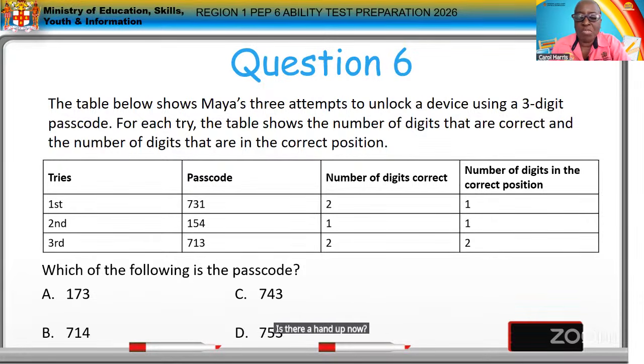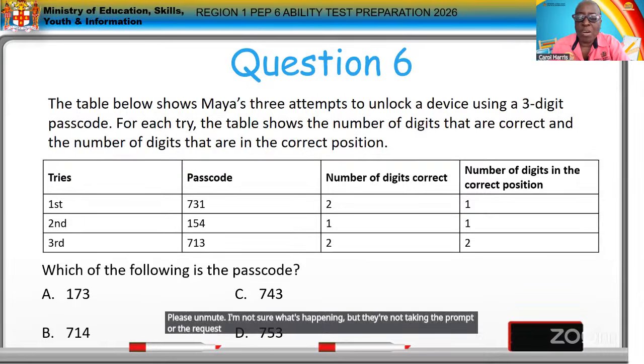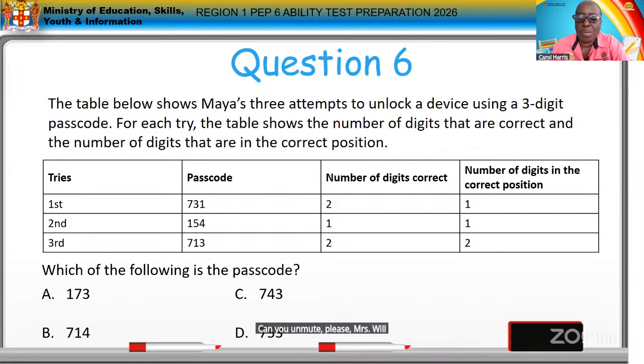Yes. Go ahead, Mrs. Strawn's class. Please unmute. I'm not sure what's happening, but they're not taking the prompt or the request to unmute. Can you unmute, please, Mrs. Williams, and answer? You're not able to unmute, Mrs. Williams Strawn?